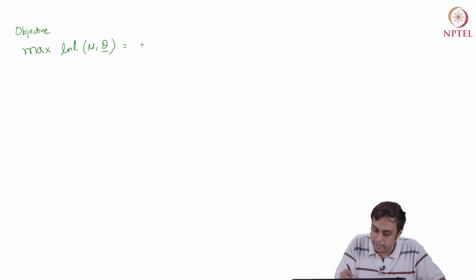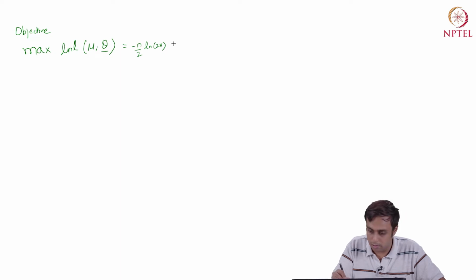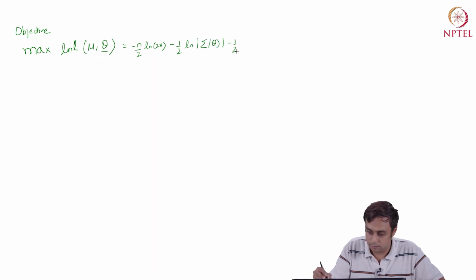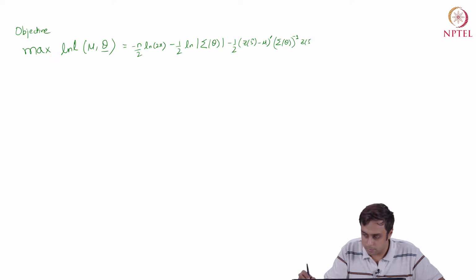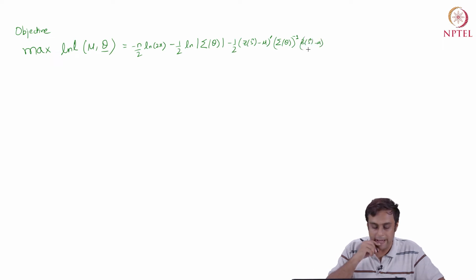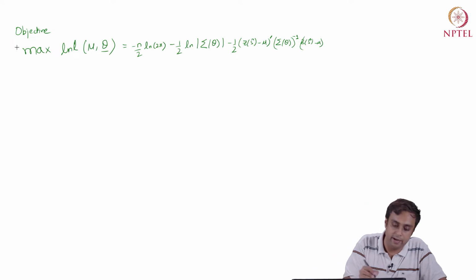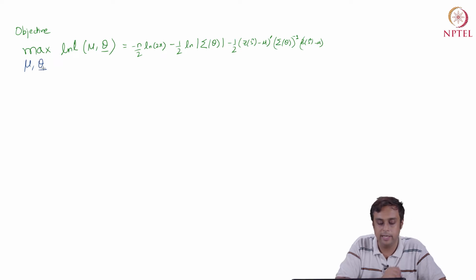Let us just write it down quickly, so that we have consistent notes for you. Okay. So we have a scalar entity on the right hand side. We want to maximize this log likelihood by choosing mu and theta.